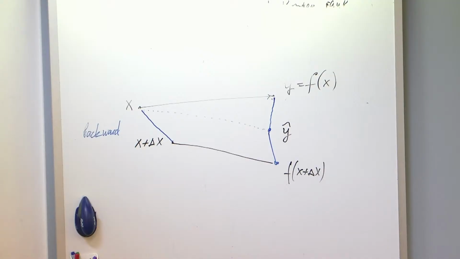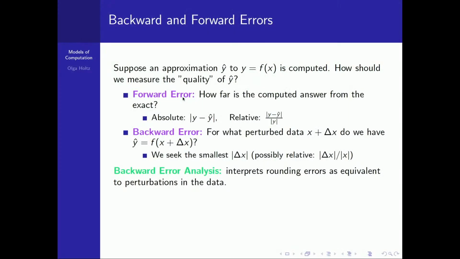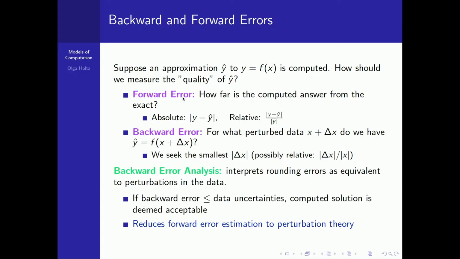Okay, so in backward error analysis, we seek such an understanding. We seek to find x plus delta x, or this delta x, that would lead us precisely to the value that our algorithm can obtain. And this is usually an intricate business. As Jim mentioned, that's the golden standard of numerical analysis.